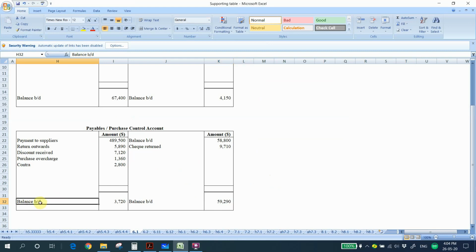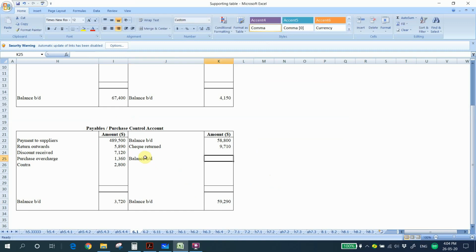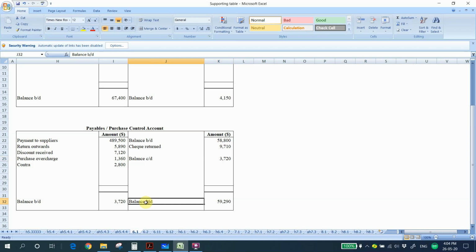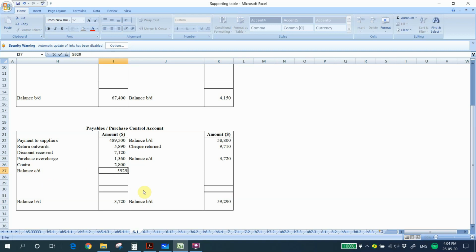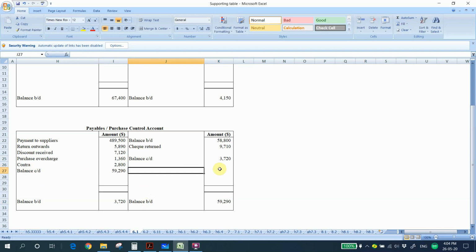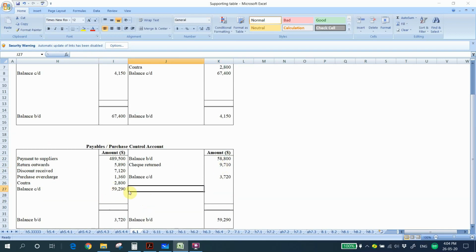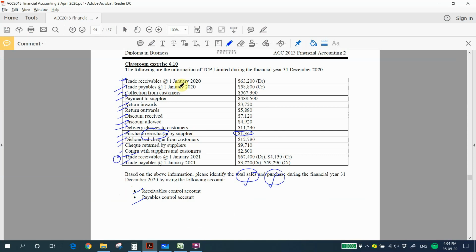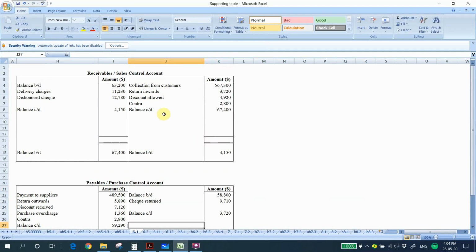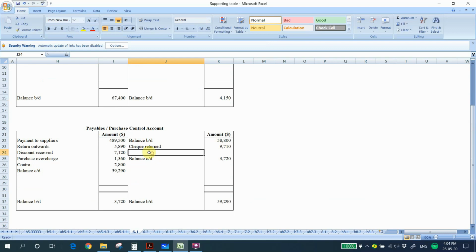If the brought down is on the debit, the carried down will be on the credit side. Similar to this, if the brought down is on the credit, the carried down will be on the debit. By recording this, we have completed all the information in the table, and the missing amounts will be our sales and purchases.